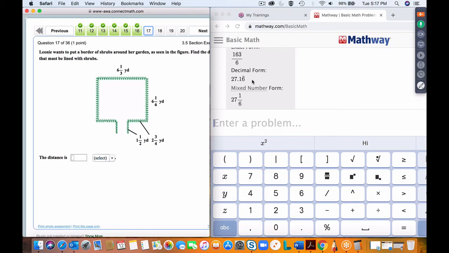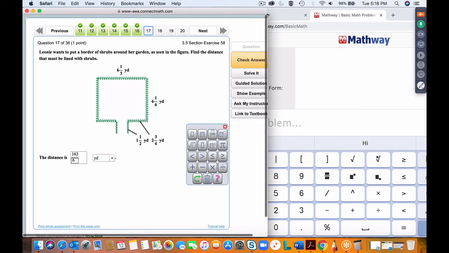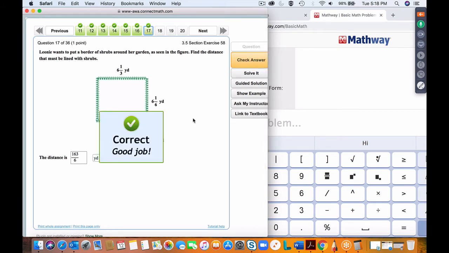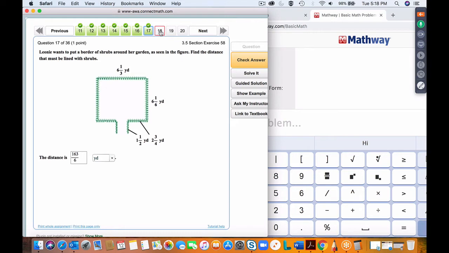So let's see if we can put it as a fraction, 163 divided by 6, and this has to be yards. See what happened with that. If not, then we change it to a mixed number. The easy way is just to place the fraction, and you can also place the mixed number, but it would be simpler to find the fraction than the mixed number.